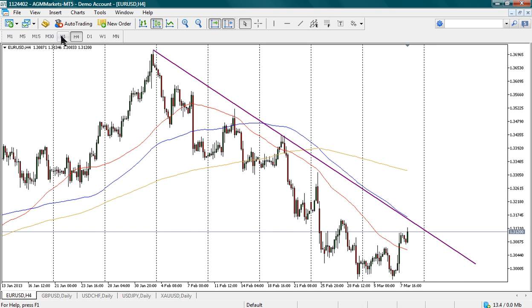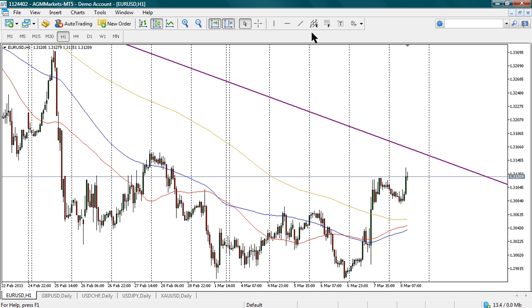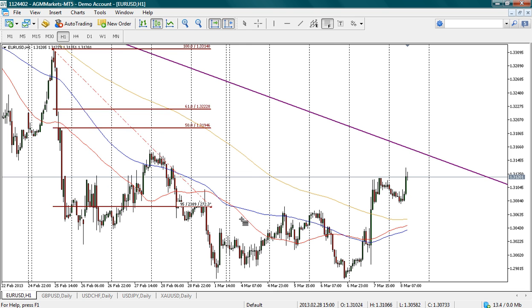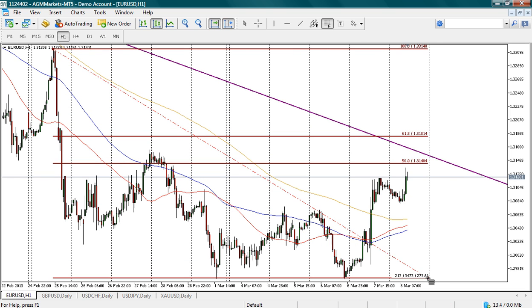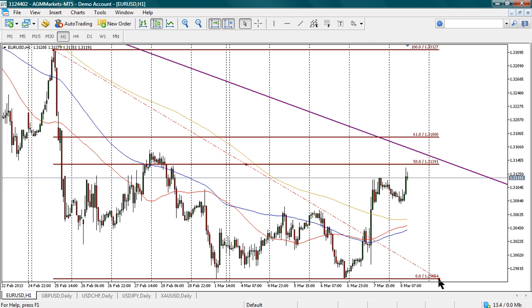If we flip it to a slightly shorter time frame, the 1 hour, we won't go any lower than the 1 hour because we're getting very, very short-term charts here. If we draw a fib from those highs to the lows down here, the lows are 1.2965. You can see we had this 50% retracement, which is the key one that I personally look at. The 50% is 61.8 for a nice sort of healthy retracement.